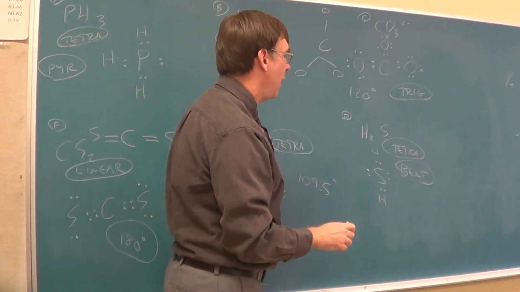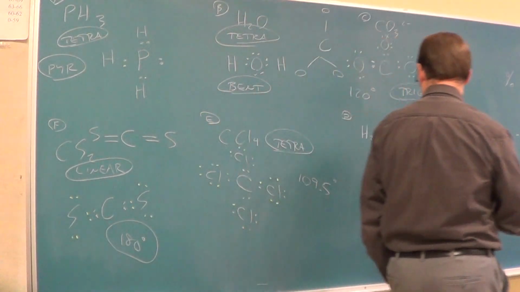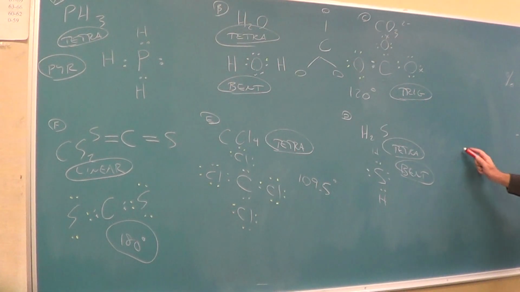So in terms of drawing these, you would draw sulfur in the center. They're going to go dot, dot, dot, which indicates that bond would be headed behind the board.